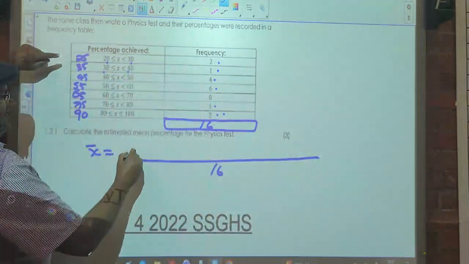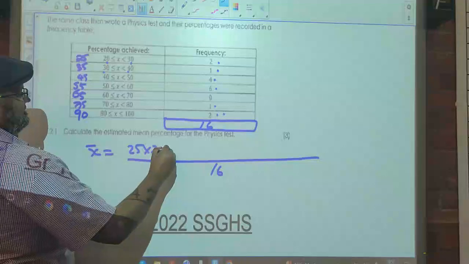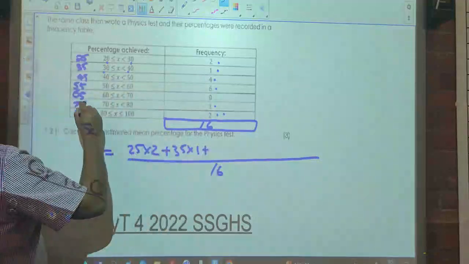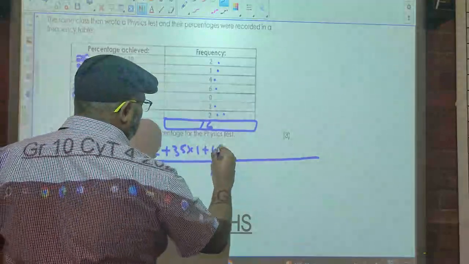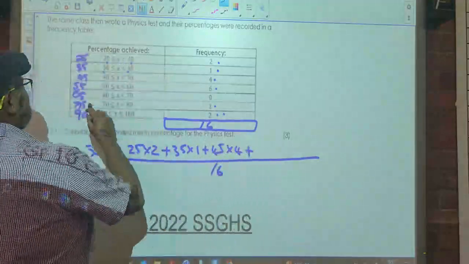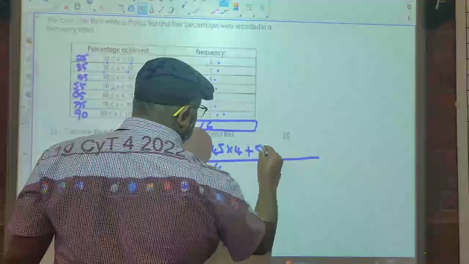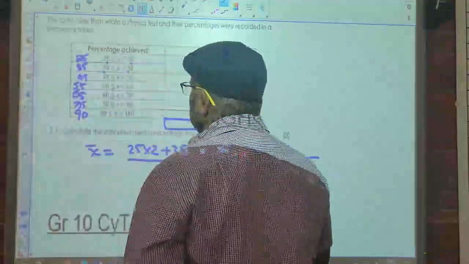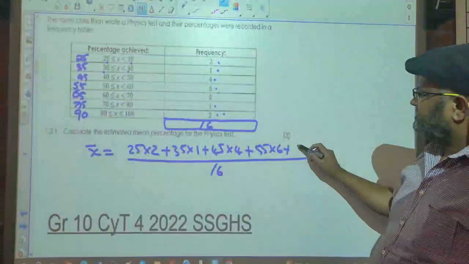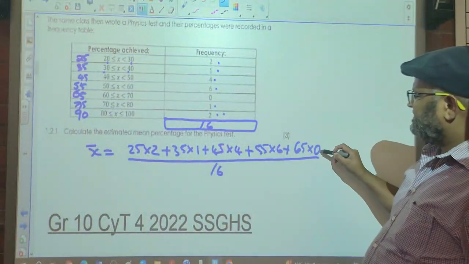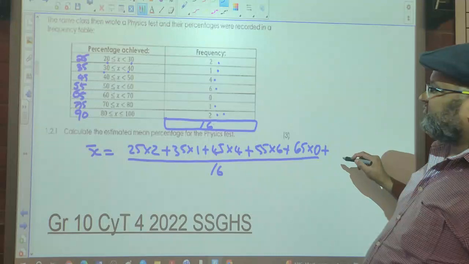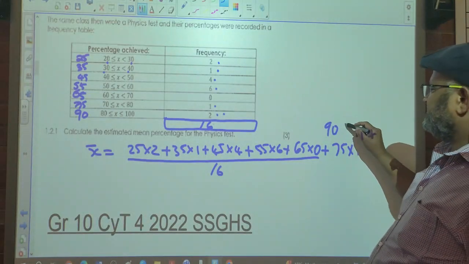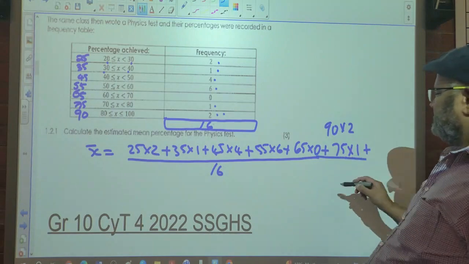So it's going to be 25 times 2 plus 35 times 1 plus 45 times 4 plus 55 times 6 plus 65 times 0, you don't need to write that, plus 75 times 1 plus 90 times 2.